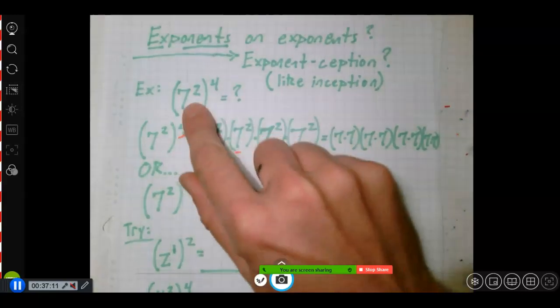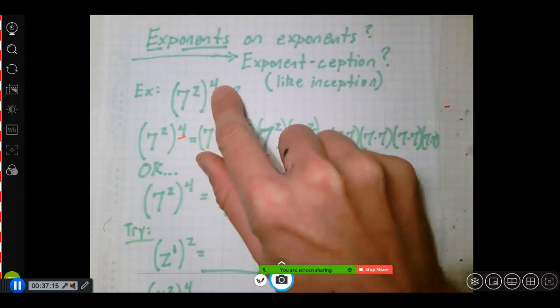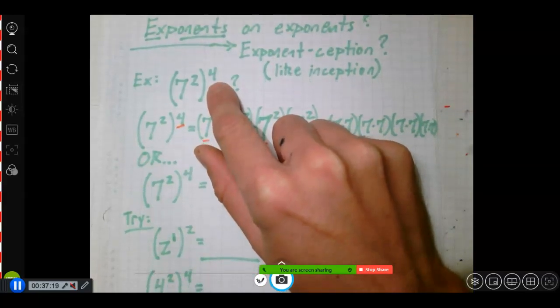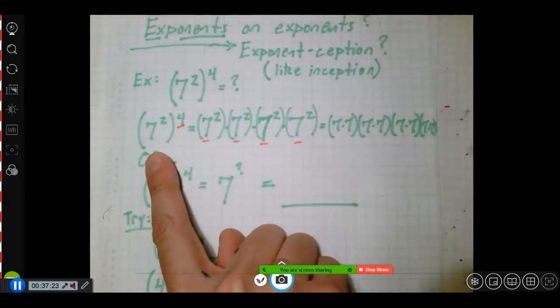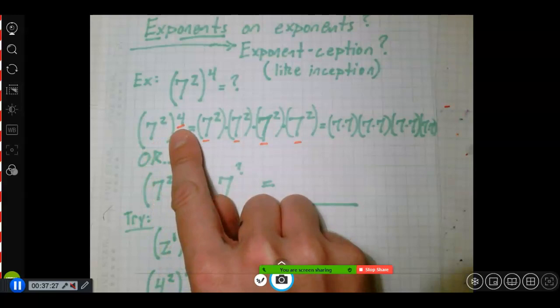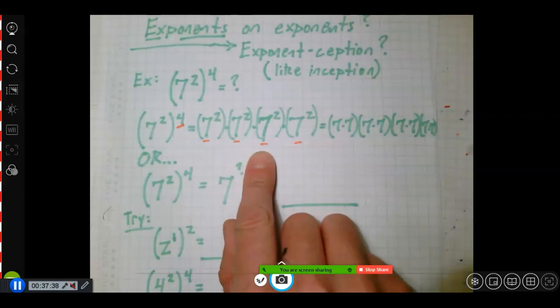But yeah, so if we have an exponent on an exponent, what this is actually saying, please watch my screen so that you understand what we're doing. 7 squared to the 4th says repeat multiplication of 7 squared 4 times.